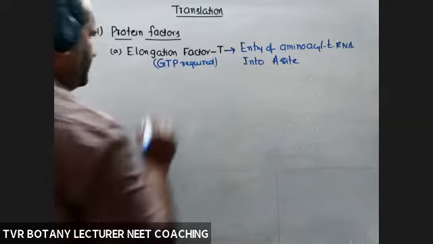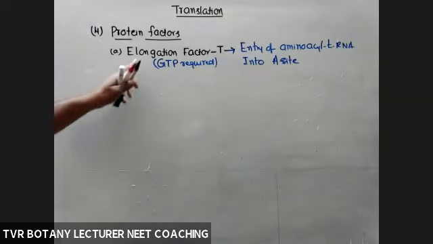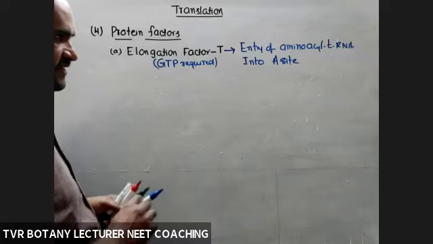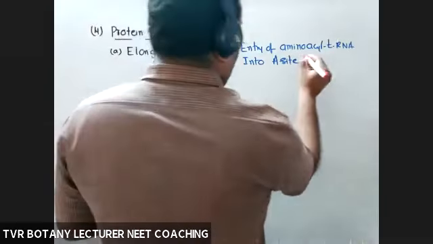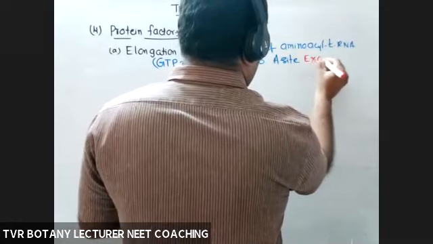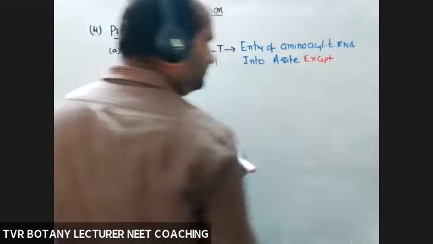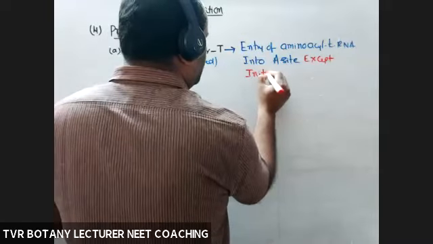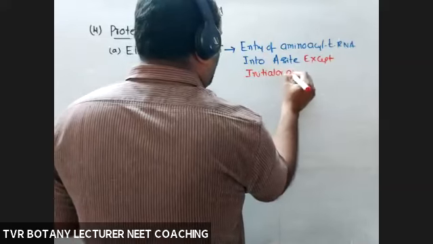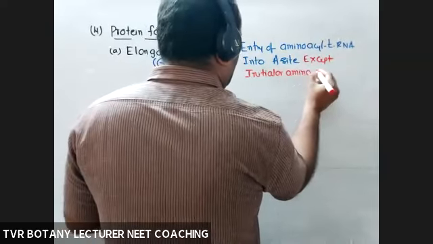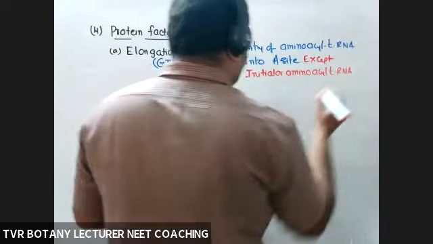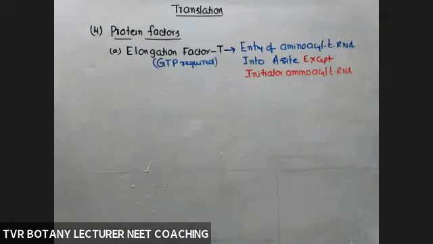One molecule of GTP. So the role of elongation factor T is for the entry of all amino acyl tRNAs except the initiator amino acyl tRNA, except the first amino acyl tRNA.